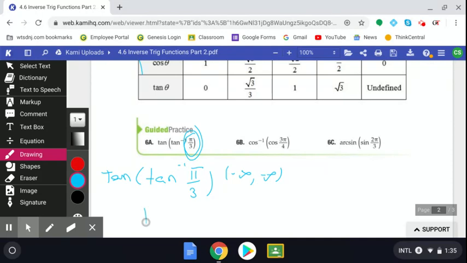So your answer here is just going to be pi over 3. That's in the domain. So we're good.